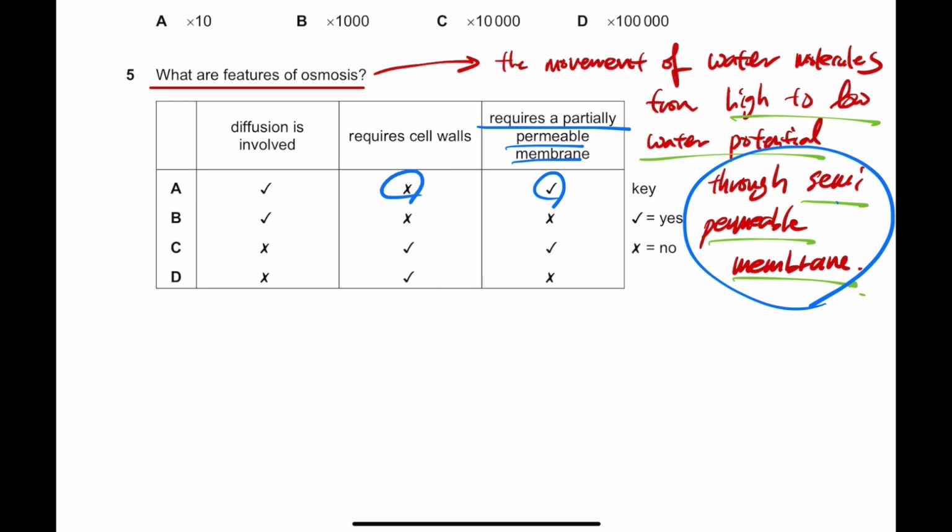However, let's have a look at the first option here. Diffusion is involved, yes, because osmosis is a specific type of diffusion. So diffusion is the movement of particles from high concentration to low concentration.